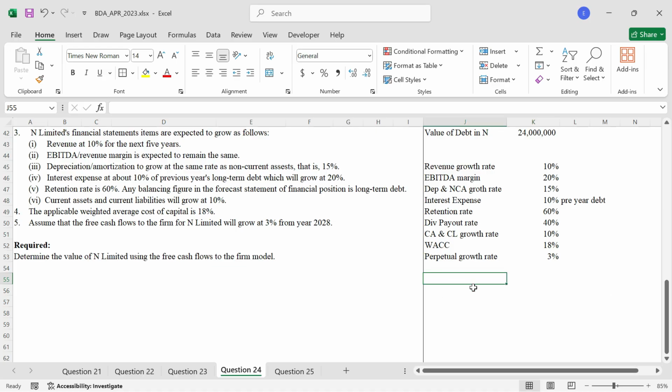I start with the statement of profit or loss.